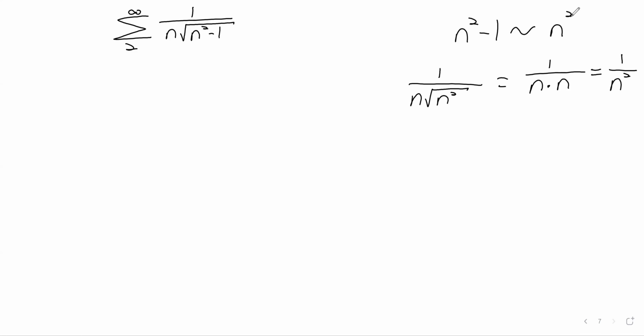And we do have that -1, but as n is getting big, this -1 is getting progressively less important. So as we're going up to infinity, this should look basically like 1 over n squared.